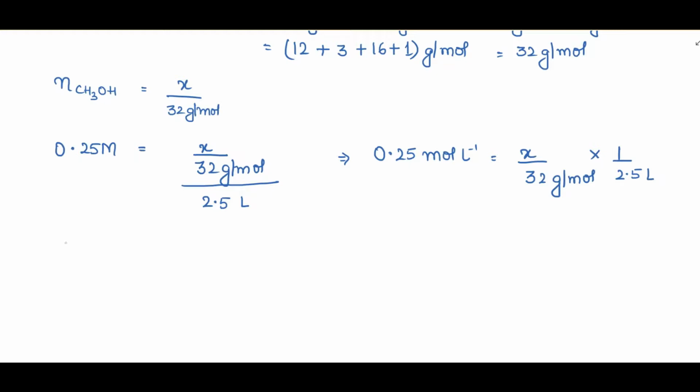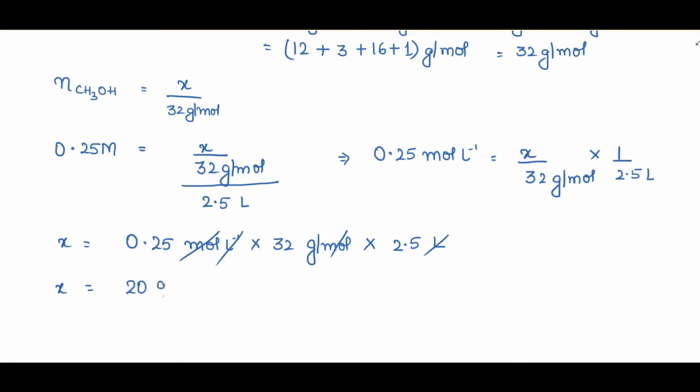So let's cross multiply these values. So X equal to 0.25 mole liter inverse into 32 gram per mole into 2.5 liter. So cancel this mole inverse with mole, liter inverse with liter. Now the units are gram only. So when I multiply 0.25 with 32 as well as 2.5, the answer is 20 gram.